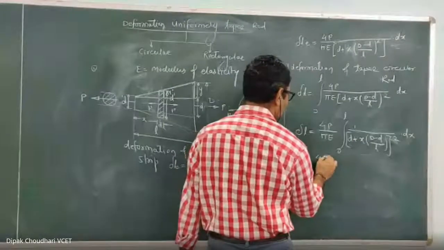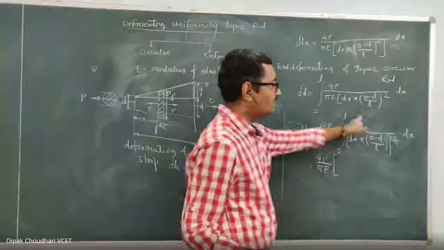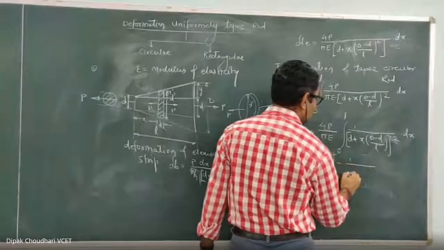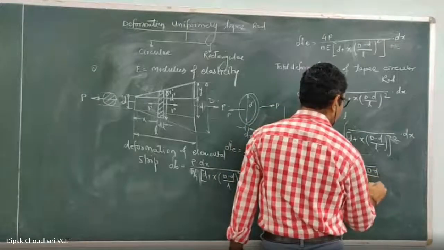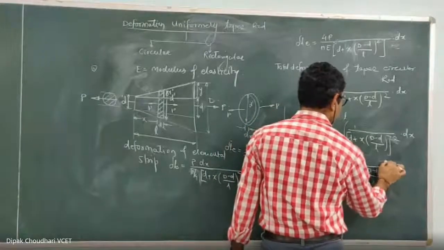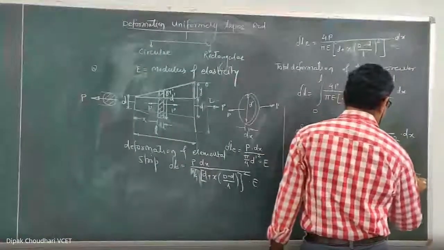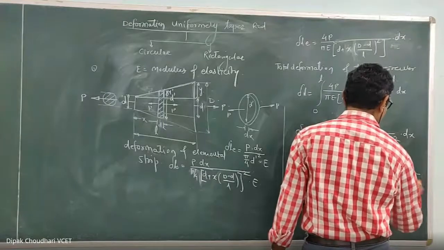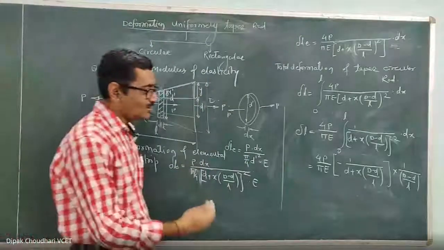It is 4P upon pi E into the integration of 1 upon x square. The integration is minus 1 upon x, so minus 1 upon (d plus x into (D minus d upon L)) into 1 upon a, the coefficient of x, which is (D minus d upon L). I hope that you know the integration. Okay, simple integration, not that difficult.